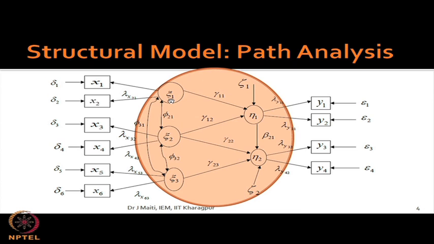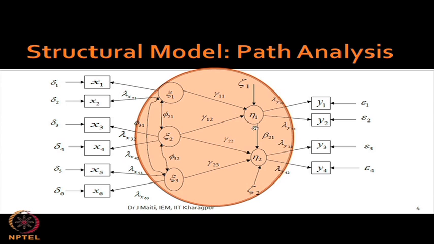Xi 1 affects eta 1, not eta 2. Xi 2 is another exogenous latent variable which affects both eta 1 and eta 2, and xi 3 is another latent exogenous variable which affects eta 2 only.